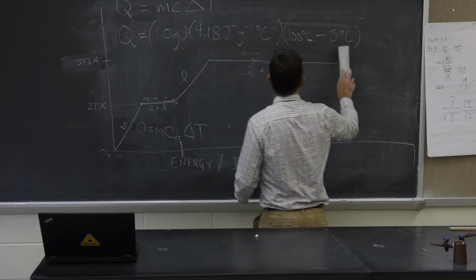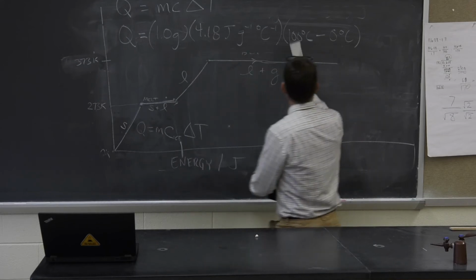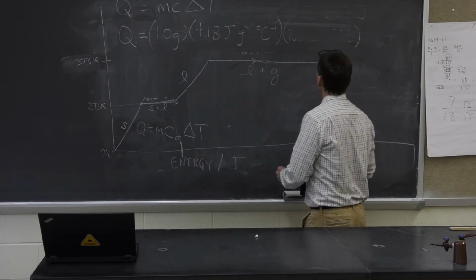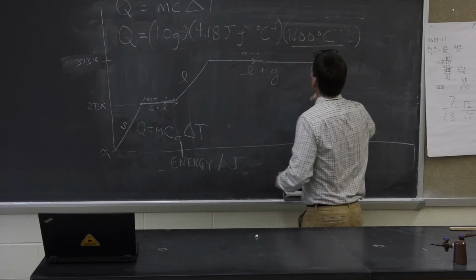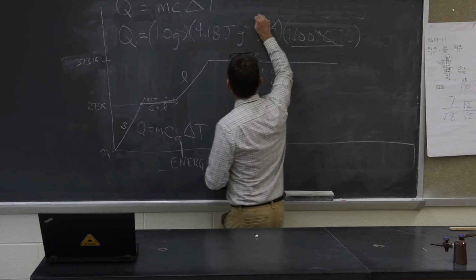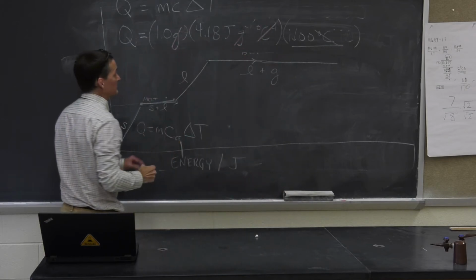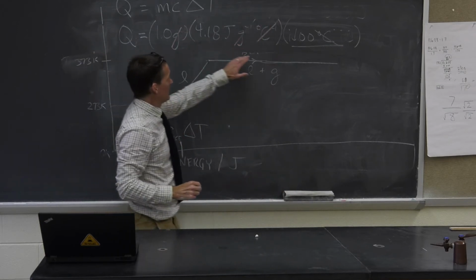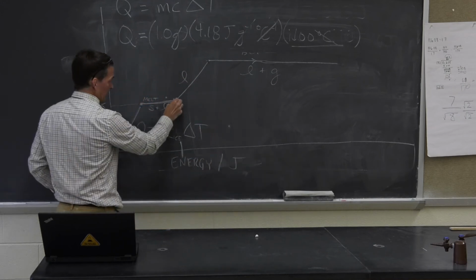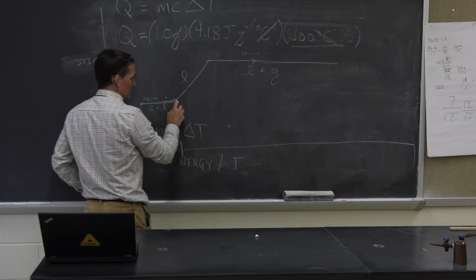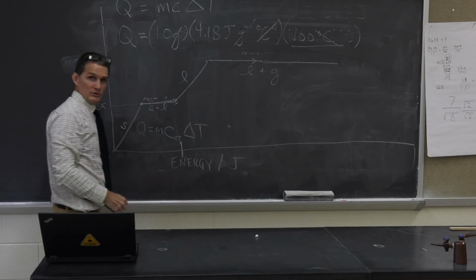If we run that calculation, this is going to come out to 100 Celsius here. Degrees Celsius cancels inverse Celsius, inverse gram cancels gram, and I have 4.18 times 100, which is 418 joules. So to get me from here to here, it's going to cost me 418 joules.